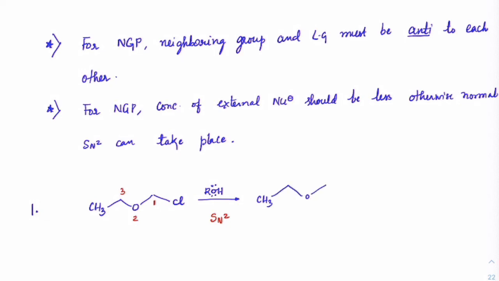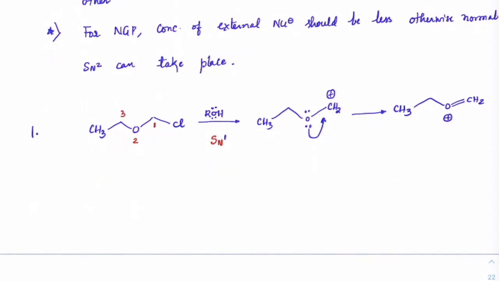Sir, if a cation is formed, that oxygen may stabilize it. SN1, my mistake. Oxygen is next to it, sorry. So oxygen is there, so CH2 plus has a lone pair present on it, so that gets stabilized by the oxygen, O double bond CH2 plus.